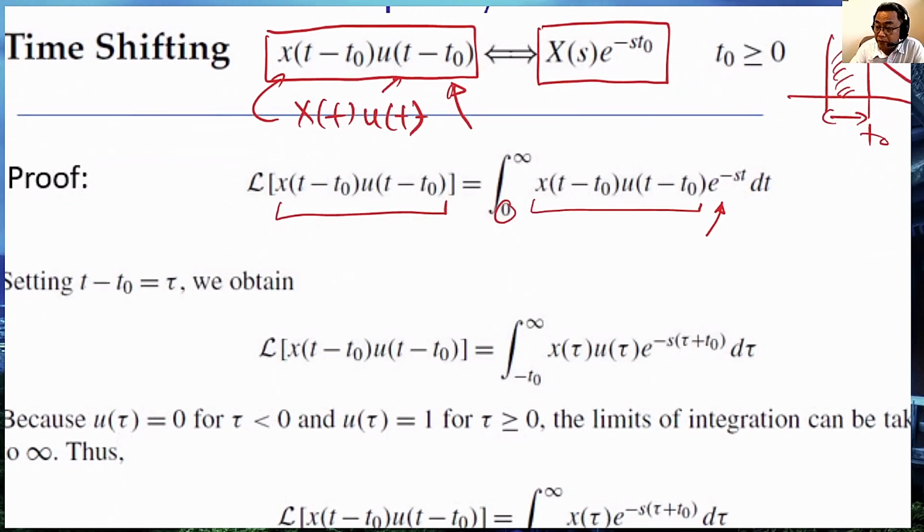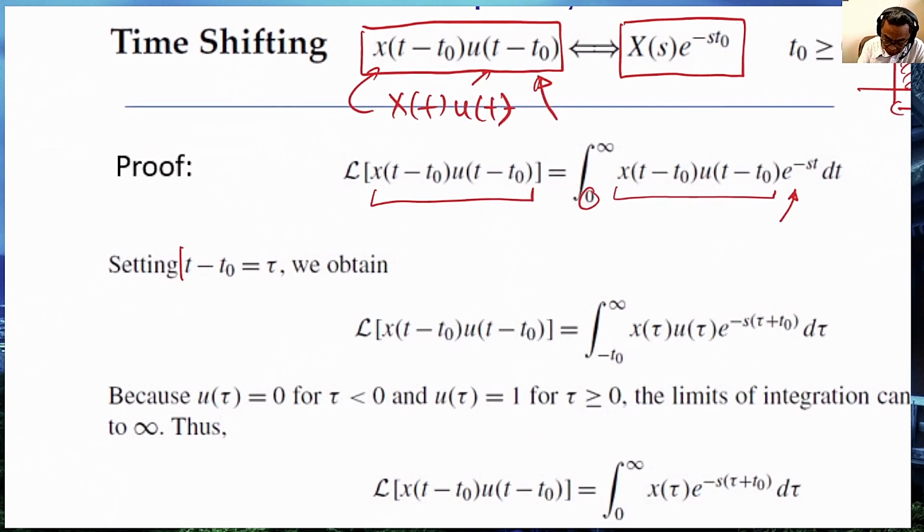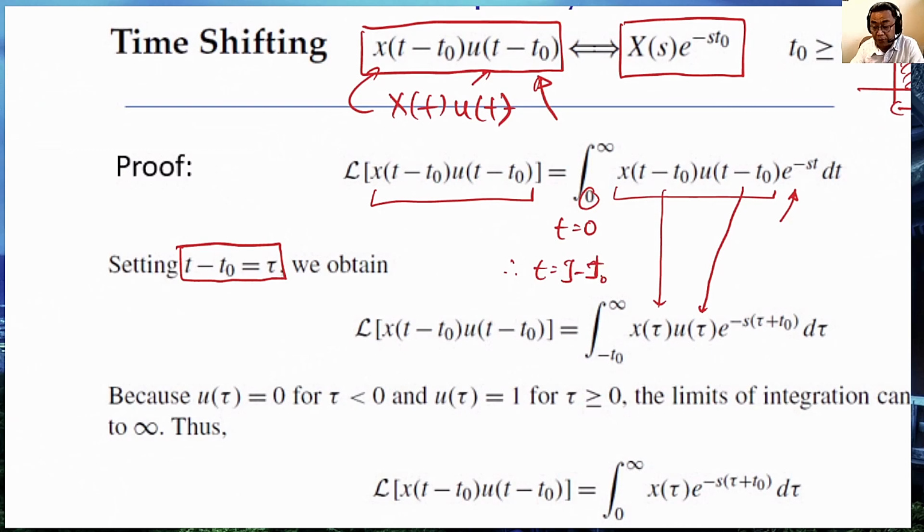Now we set tau equals t minus t naught, so this becomes tau, this becomes tau. So t equals tau plus t naught.